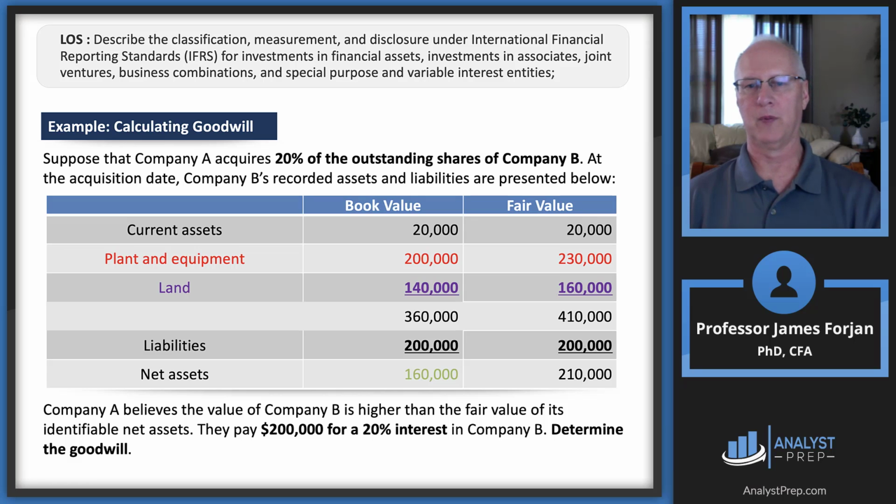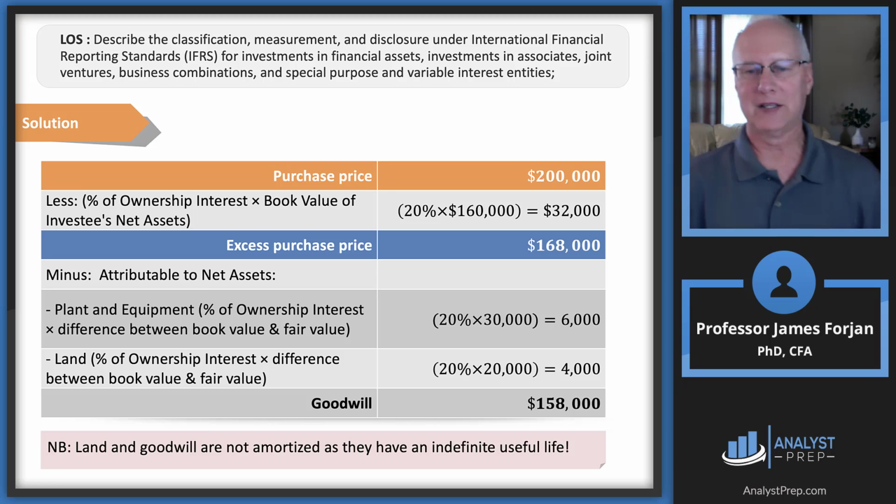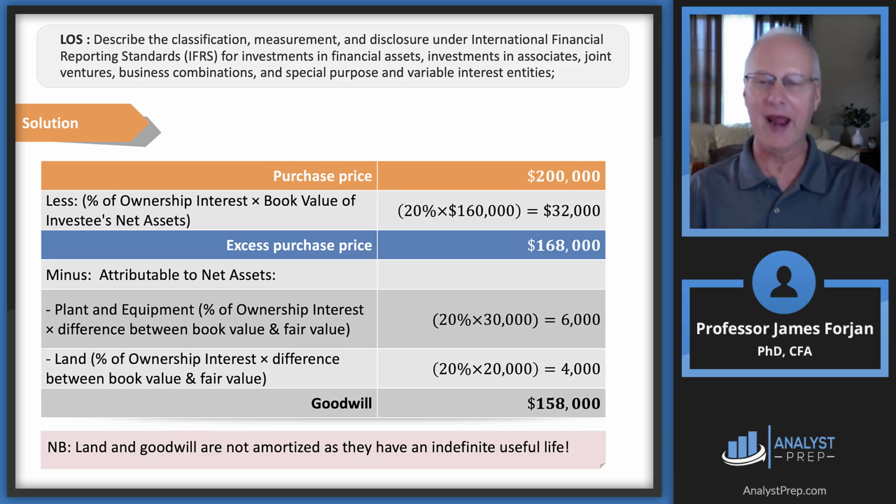And then look in purple, 140 and 160. There's the land. So there we go. 20% of 30, 20% of 20. So that's 6 and 4. So you do all that and you get 158,000 for goodwill. Look at the bottom box down there. Remember that you don't amortize goodwill, but you can impair. You can impair the goodwill. Think of my calculator.